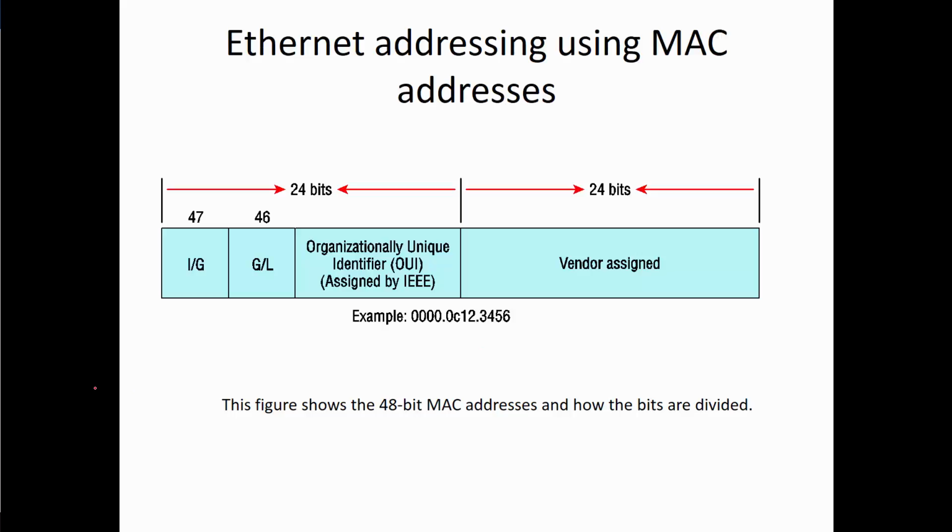The first 24 bits is the OUI, or the Organizationally Unique Identifier, which is normally assigned by IEEE, while the last 24 bits is vendor assigned, meaning if you get the first 24 bits of a bunch of 3Com cards, the first 6 numbers should be identical. Each one of these numbers is a hexadecimal digit, so that's why there's 6 of them, each one being 4 bits. 6 times 4 is 24 bits.